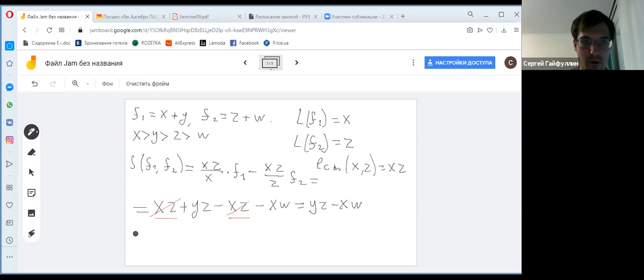So we have yz minus xw. How can we reduce it? Here x and z are the greatest leading terms. So it's up to us. For example, I want to reduce this term by the second polynomial, f2.